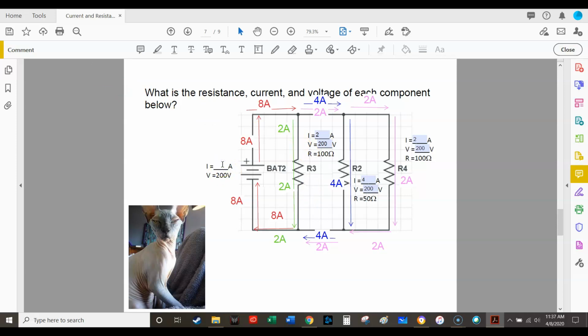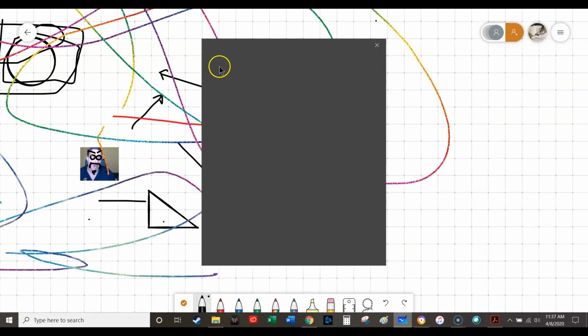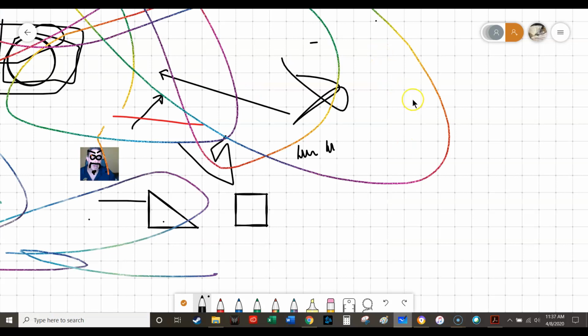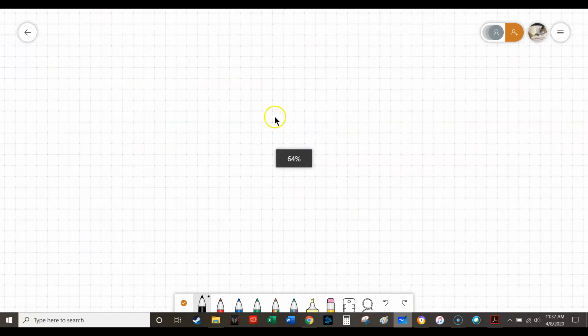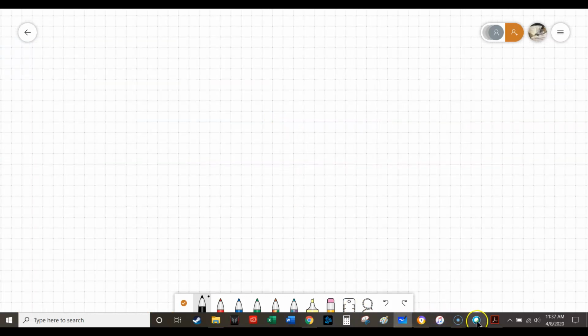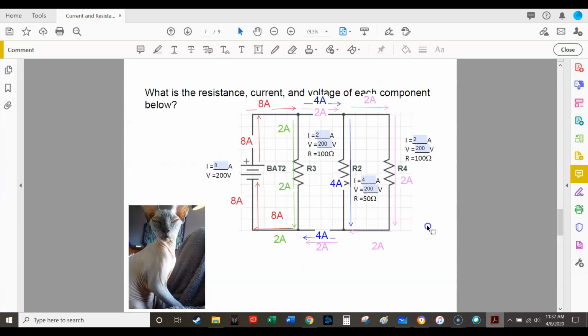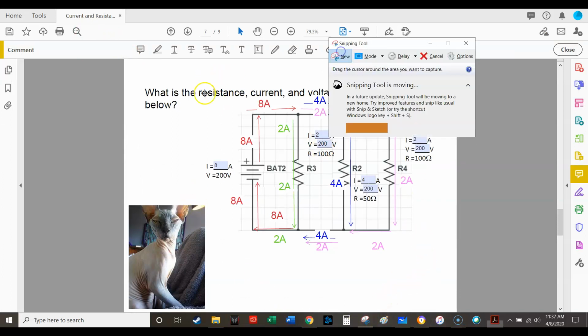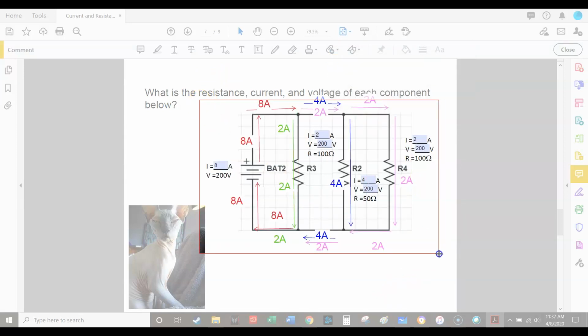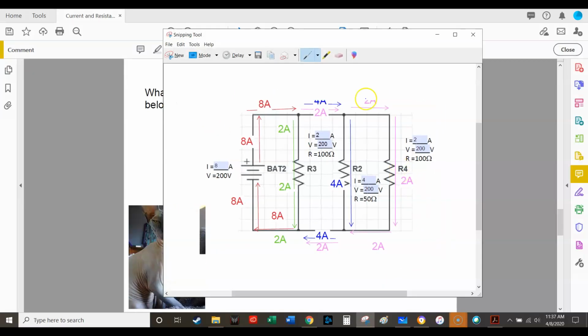So that's going to be 8 amps there. I'm going to actually start up a whiteboard, and I'm going to do this problem, and I'm going to combine those resistors onto another problem. So I'm going to take a screenshot, and I'm going to do this another way, the same problem, even though we know the answer.